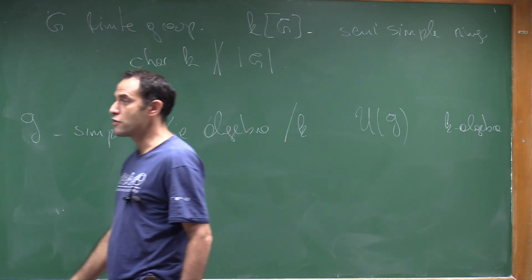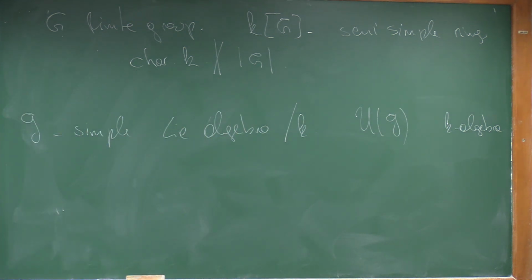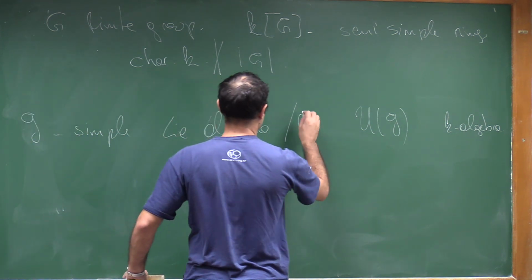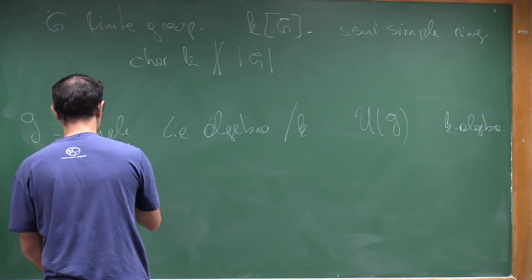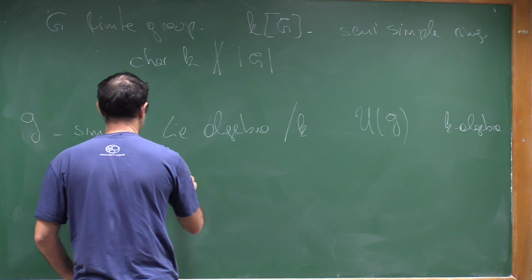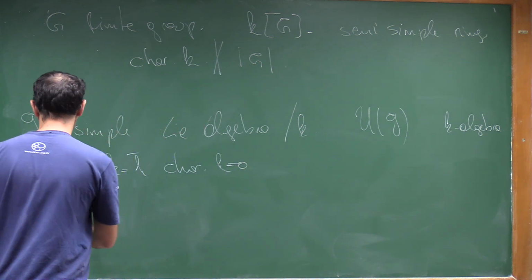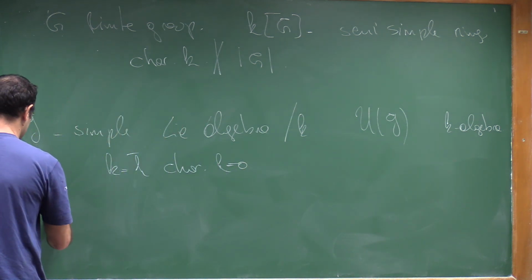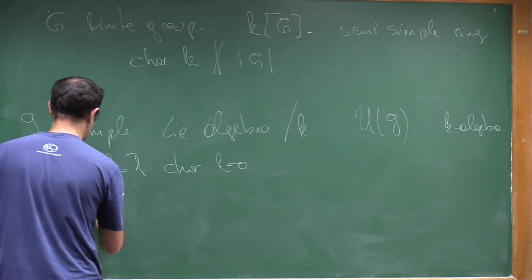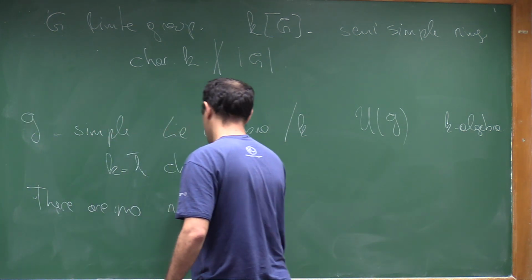And there are no non-trivial extensions of, well, let's say that this is over an algebraically closed field of characteristic 0. Then again, there are no non-trivial extensions.